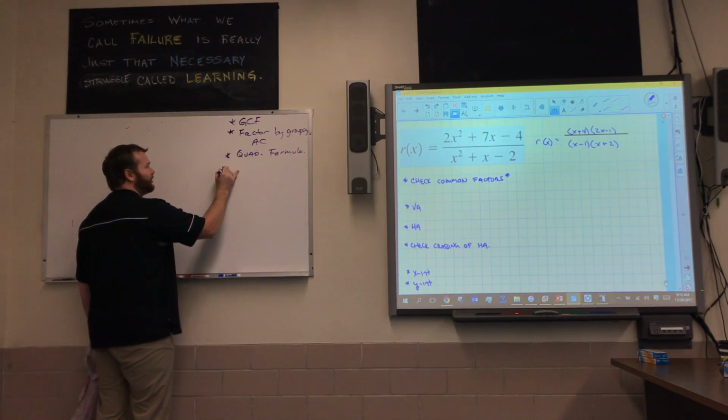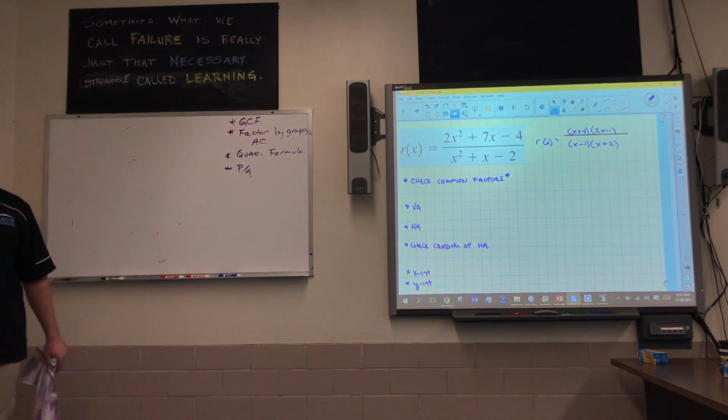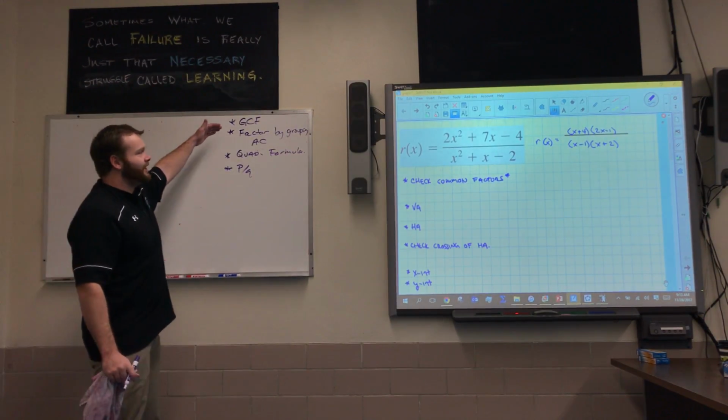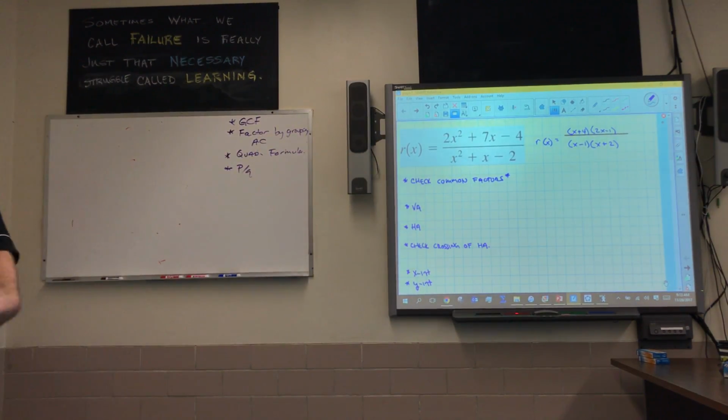If that doesn't work, you do have your P over Q, your rational root theorem stuff. And sometimes maybe I don't have a GCF, but this thing will factor using the product times sum method, kind of algebra 1 factoring. But use a hierarchy like that.